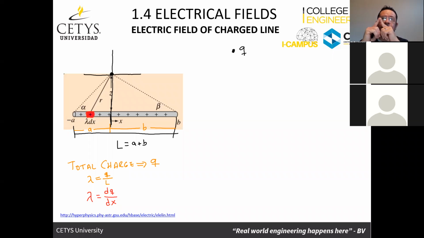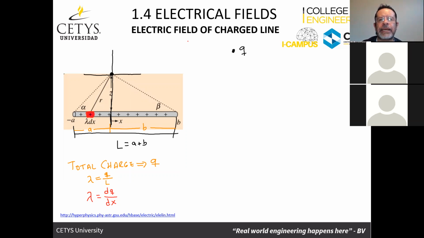But since it is a constant and it's uniformly distributed, if I focus on a very small section of the line, the ratio is maintained. So if I'm looking at 4 microcoulombs divided into 2 meters, or I look at a very small portion of that, the proportion is going to be the same. The lambda is going to be the same.